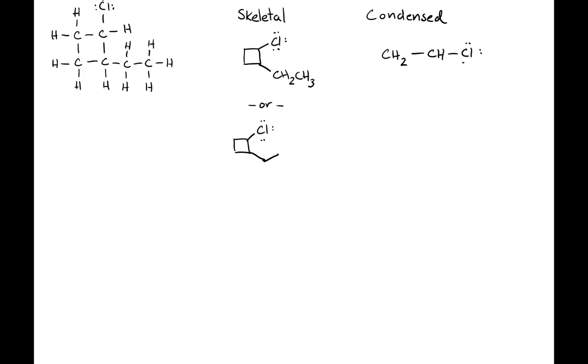Incidentally, it doesn't matter at this point whether I draw that chlorine at the top or to the right, and we'll spend some more time talking about that. And that finishes off the condensed structure.